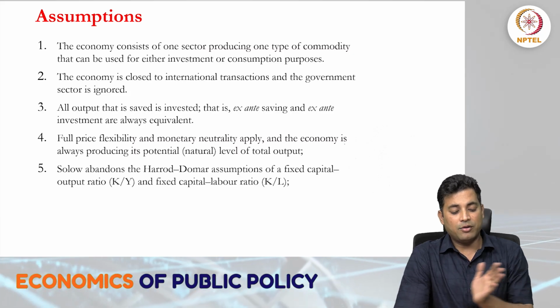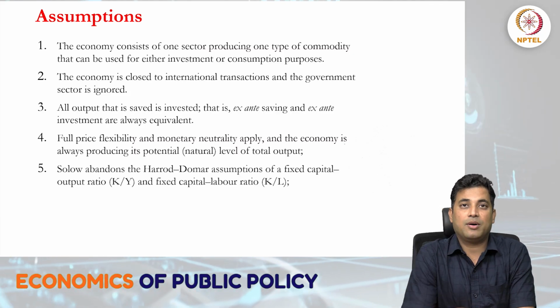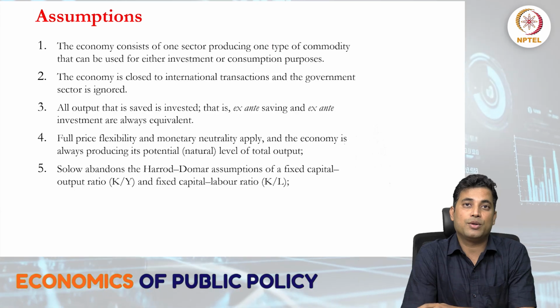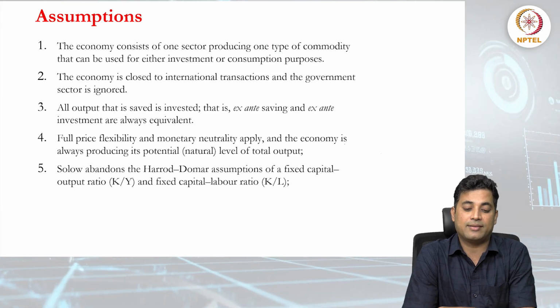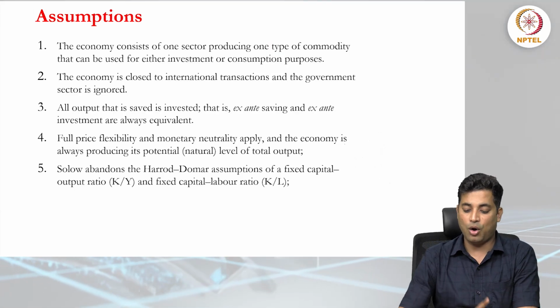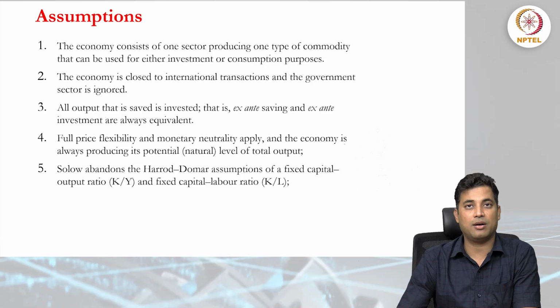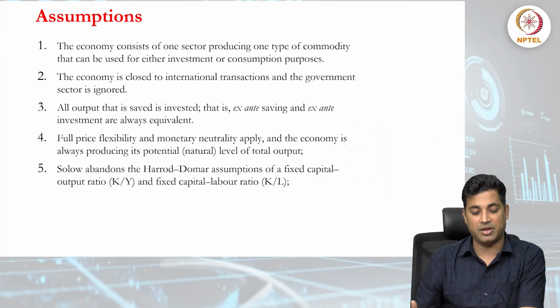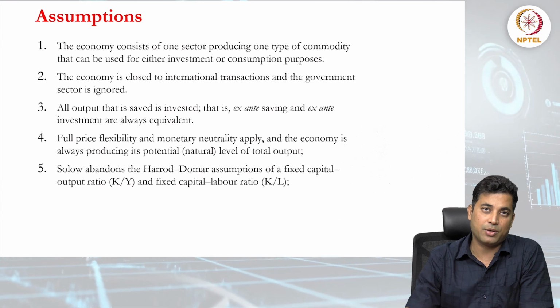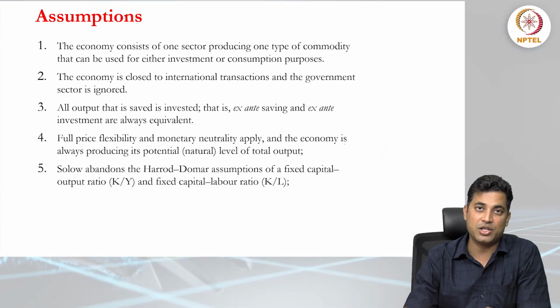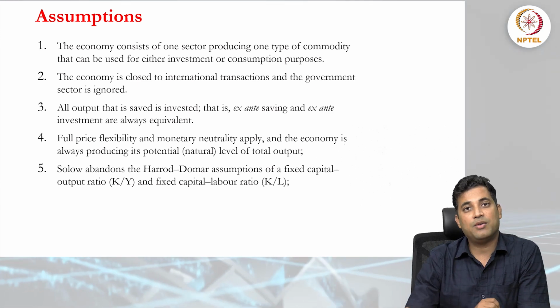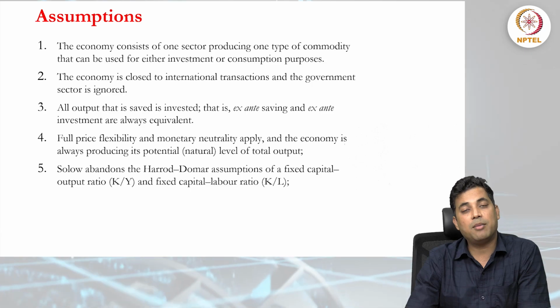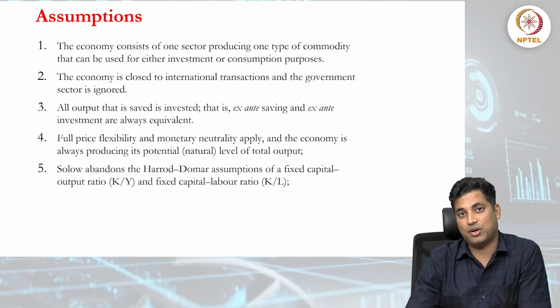Now the fifth assumption, where Solow abandons the Harrod-Domar assumptions of fixed capital output ratio as well as fixed capital labor ratio. In Harrod-Domar, the capital output ratio, small v, was fixed, and the capital labor ratio K by L was also fixed.